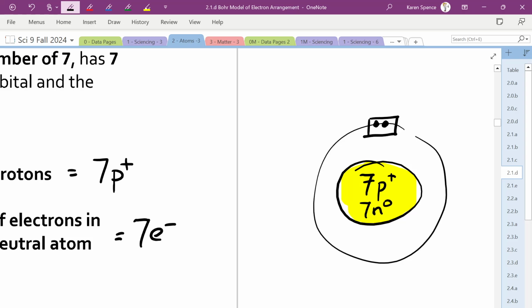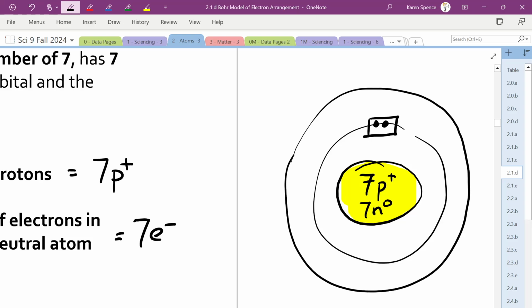How many electrons do I have left? I've got 5 left, so I'm going to have to start on shell number 2 now. How many rooms on shell 2? 4. 1 at the top, 1 at the side, 1 at the bottom, and 1 at the side. So I'm going to start at the top, and I'm going to put 1 electron in.